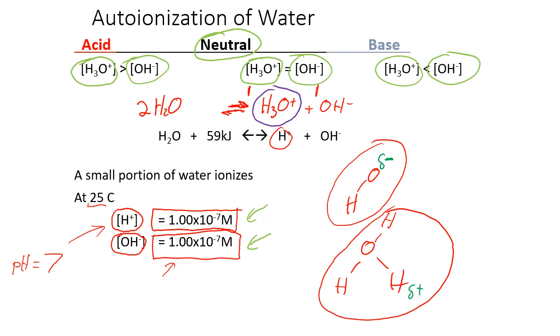What I want to take away from this is that water will naturally ionize itself to a very small proportion, and that number is 1 times 10 to the negative 7 at 25 degrees. And again, that number will change based on the temperature. If the temperature is higher, we'll be producing more hydrogen ions.